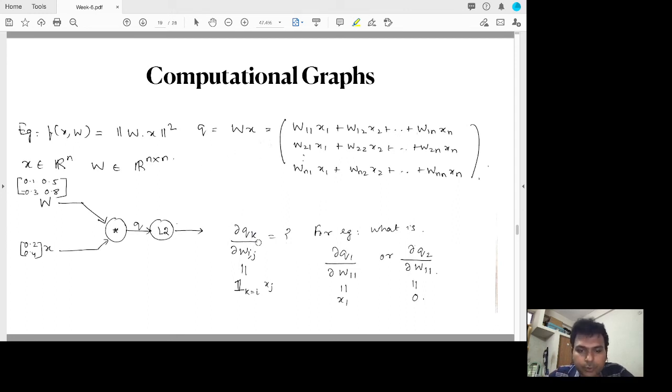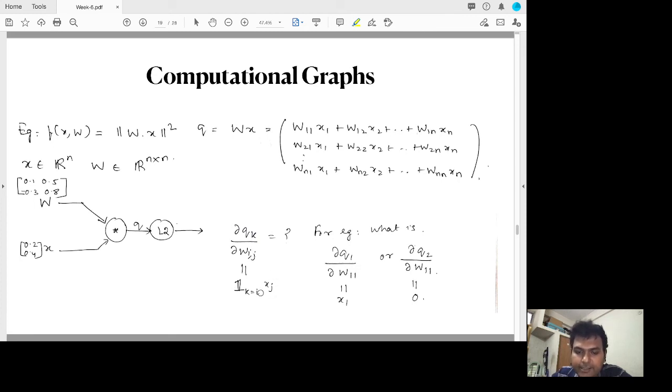Therefore we can write this in a fancy fashion: ∂qk, which is the kth row, and the derivative with respect to wij, which is the ijth element of the matrix W. If you see ∂q1/∂w11, it would be x1. If you take ∂q1 with respect to w12, it would be x2. So ∂qk/∂wij is precisely equal to xj.